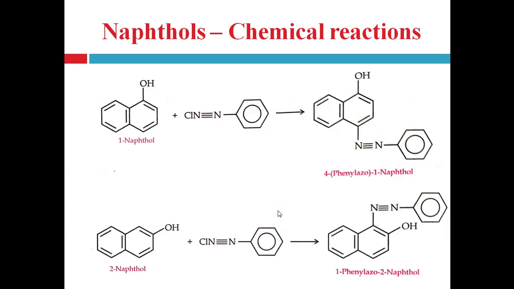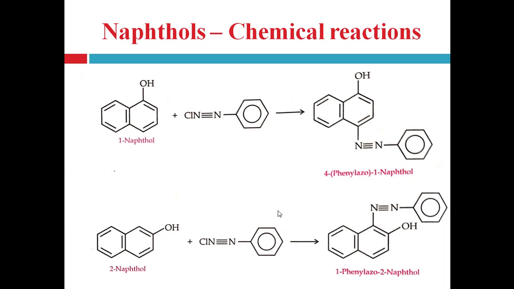Next, chemical reactions of naphthol. 1-naphthol reacts with benzene diazonium chloride salt. This reaction is known as the coupling reaction, right? Naphthol undergoes coupling reaction with benzene diazonium salt and forms the azo dye.